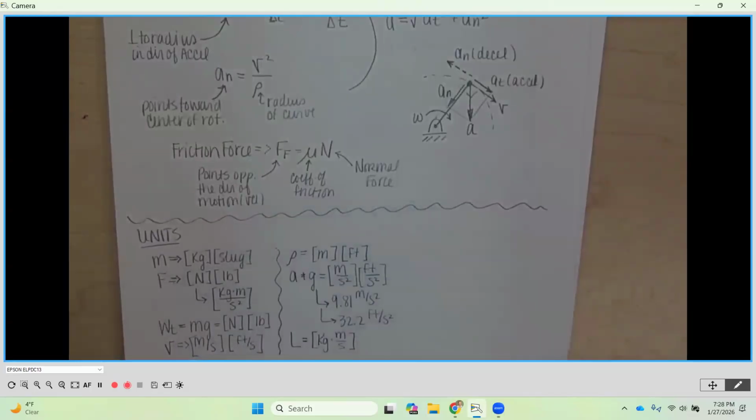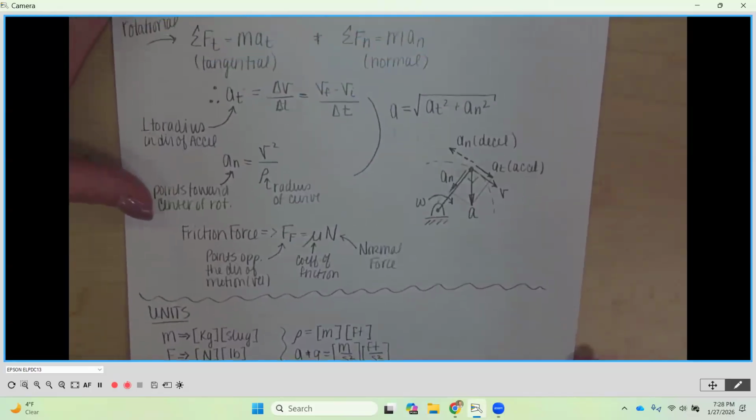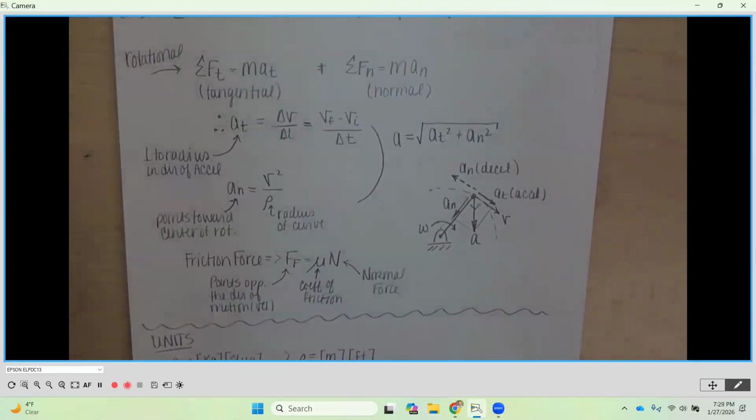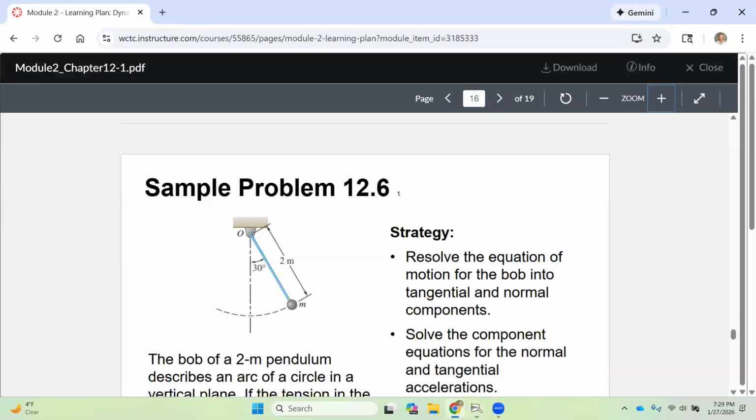So I'll be adding to my sheet as well. I just wanted to share that with you, and I can bring it out again if anybody needs it during our break. But that just helps to bring together the elements that we've been looking at here in module 2, chapter 12.